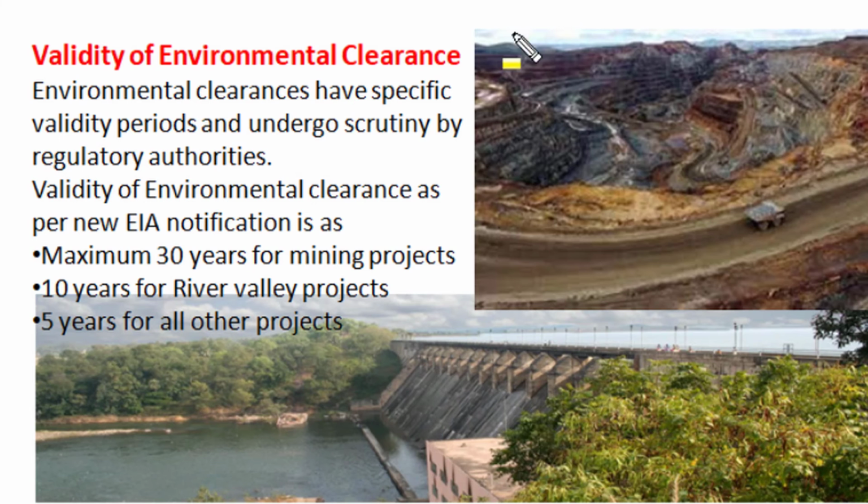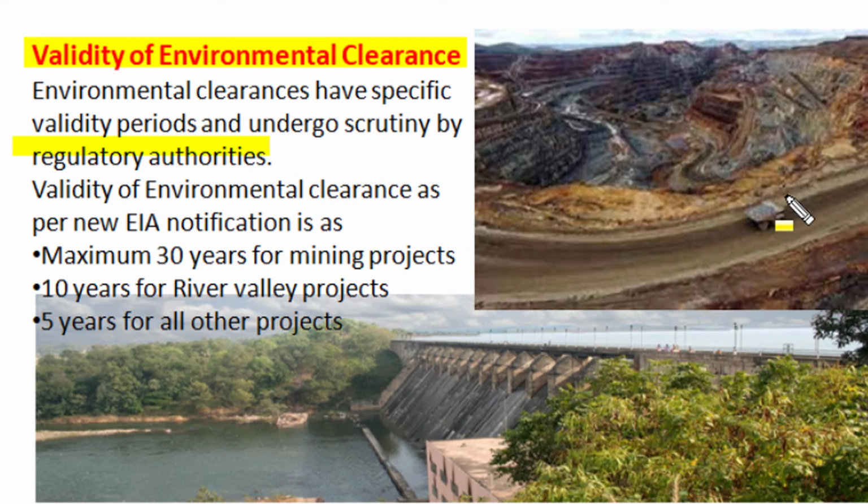the regulatory authority. Once a project gets environment clearance, it has validity for a certain specified time period, and the specified validity period after environmental clearance by the regulating authority depends upon the type of project.